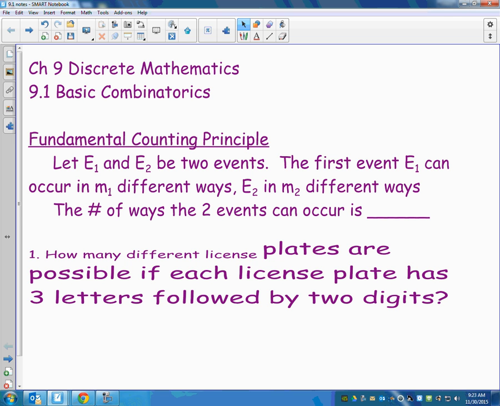What do you do to figure that out? You could do a whole big tree and figure it out, but you just multiply the number of ways that it can happen. So if the first event can happen so many ways, you have 3 pair of pants, and the second event you have 7 shirts, the number of different combinations is you just multiply them together. So it's just M1 times M2.